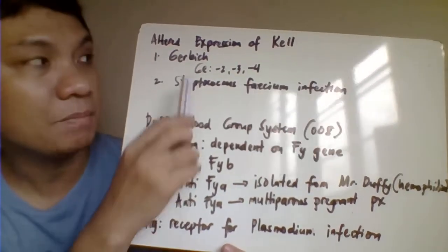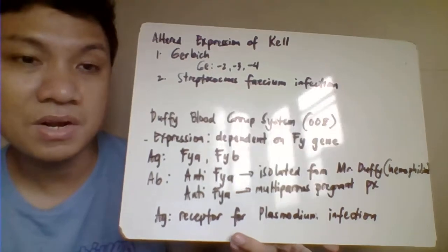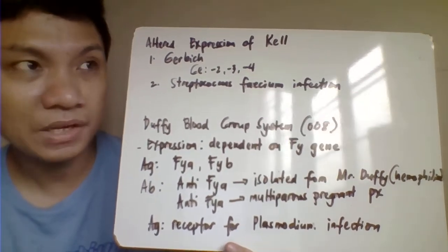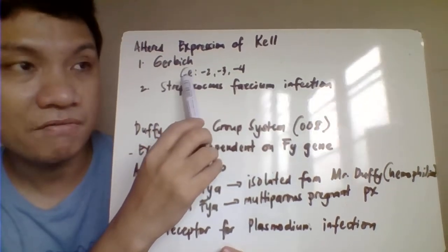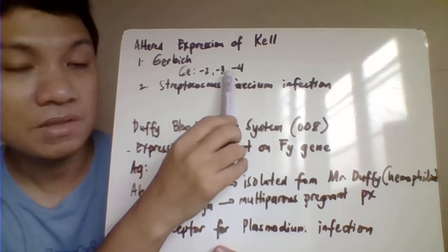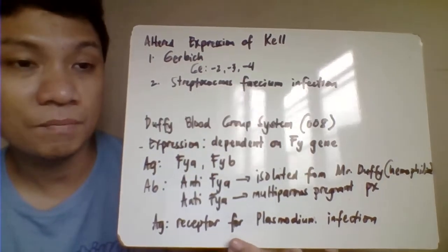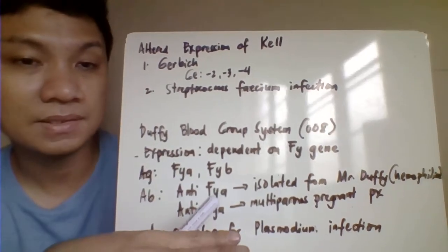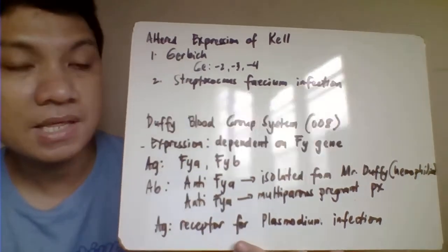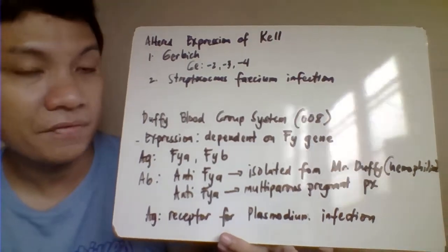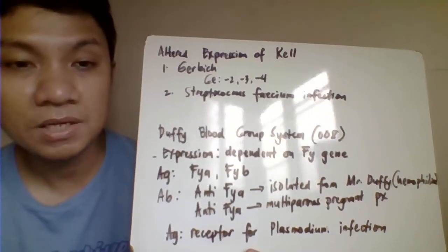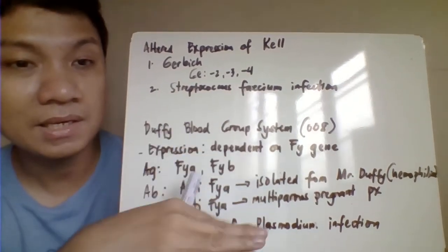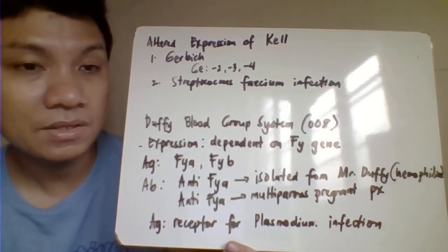In the case of Gerbich, which is another blood group, if the patient is Gerbich negative for Ge-2, Ge-3, and Ge-4 antigens, expect that the Kell antigens are also depressed. Also, in the case of Streptococcus faecium infection, the patient also has a decrease in Kell antigen expression.